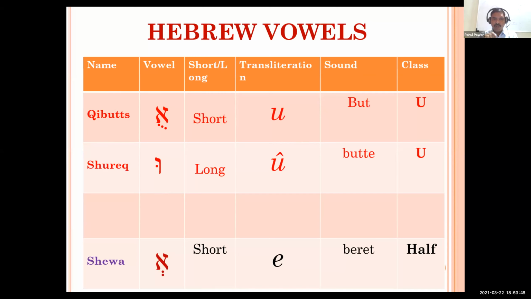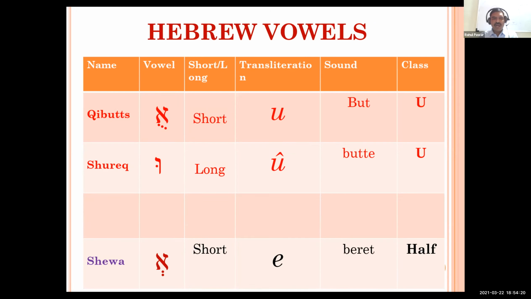When we put a dot in the body of wow, it becomes shurek. It gives a long U sound. In transliteration, the arrow is towards upward, and it gives beauty. So the U sound is long, whereas kibbutz is a short vowel and the U sound is short.